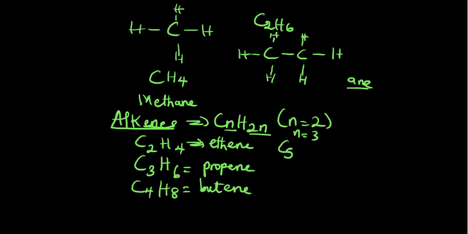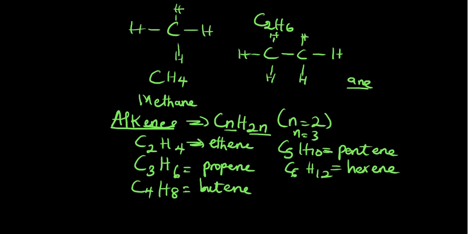When you get to C5, you now start to use mathematics, just like the way we did with alkane. So we now have hexene. Let me use a different color.